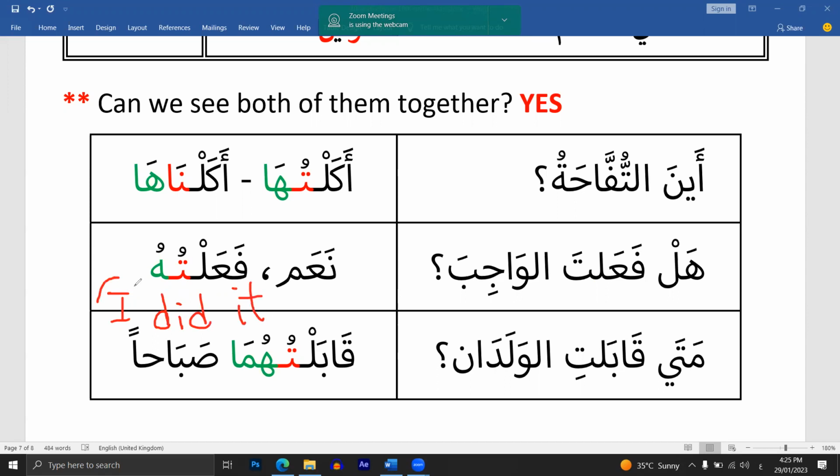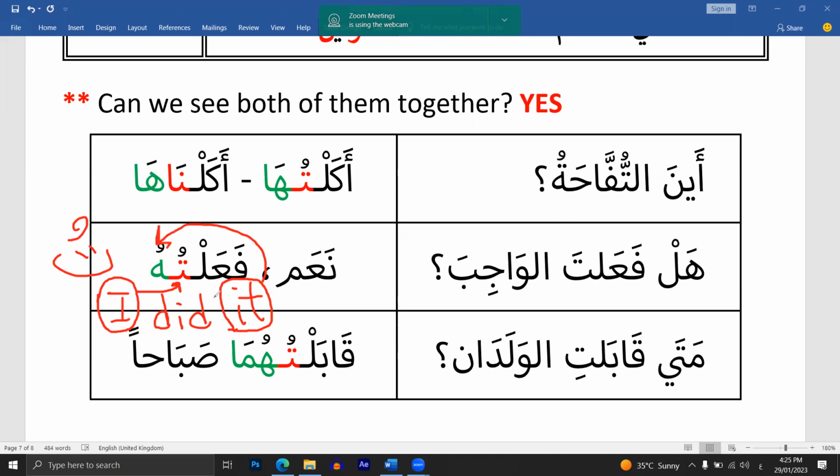Can you tell me which pronoun is replacing I in this word? Now فعلت is the first, and the second is referred to homework. To homework, which is this here.